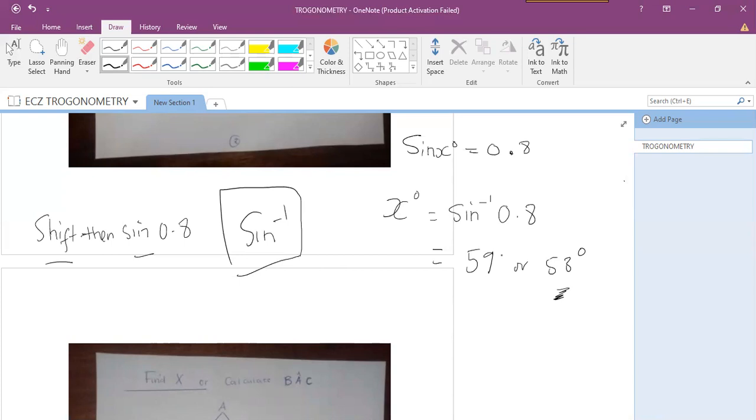You've pressed sine? Yes. Then open brackets. There's a sine with brackets. Put 0.8. Then close the brackets. Then press equals.